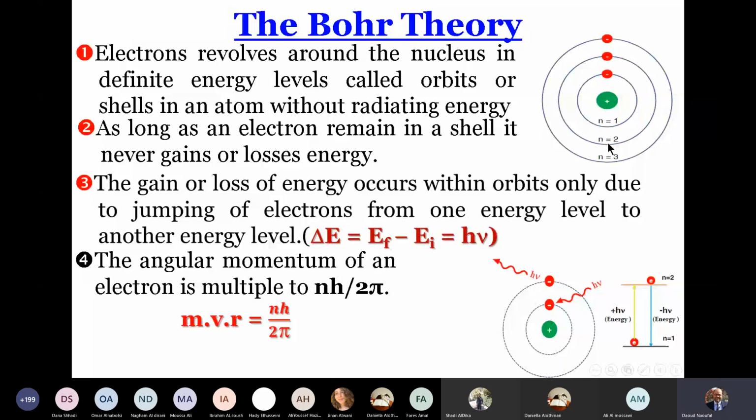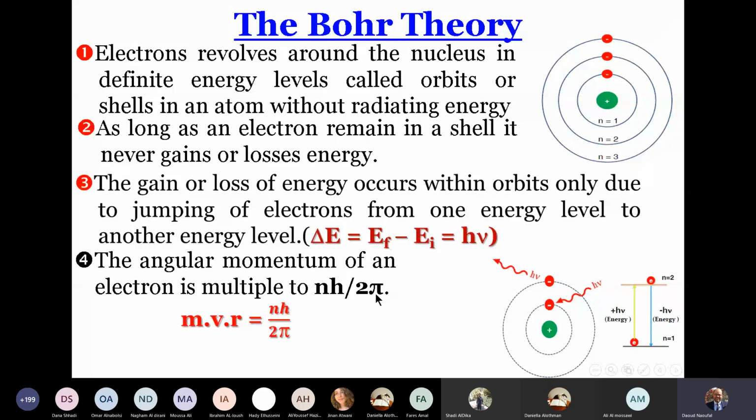R is the distance of the electron at level 2 to the nucleus. N is the number of the level. H is a constant. So Bohr proved that the angular momentum of the electron is directly proportional to nh over 2 pi.